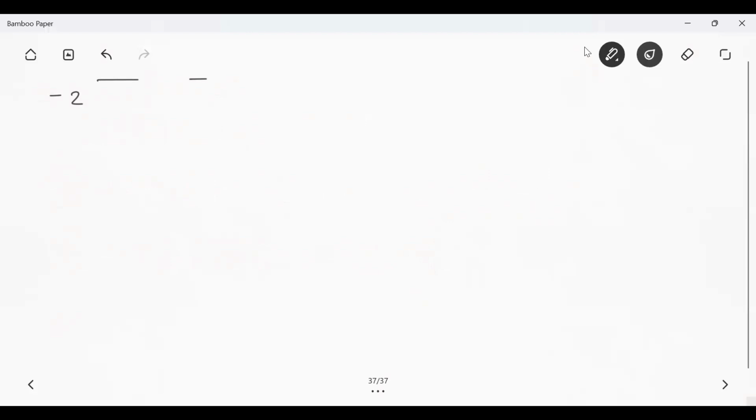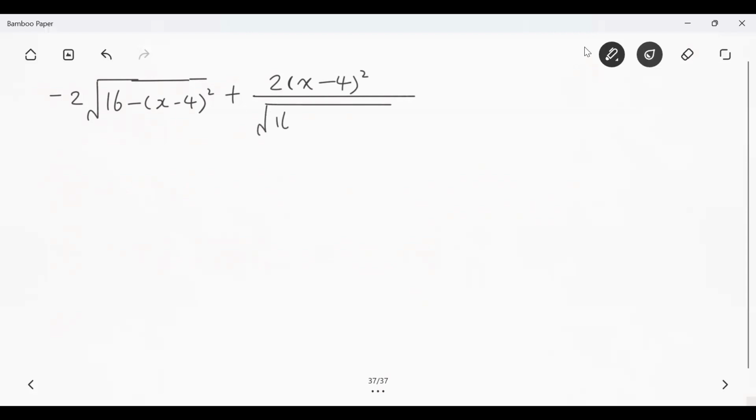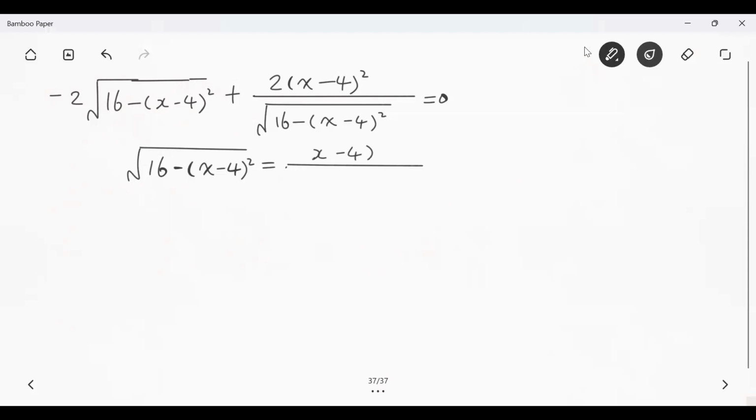Moving terms, you get 16 minus (x minus 4) squared equals (x minus 4) squared.